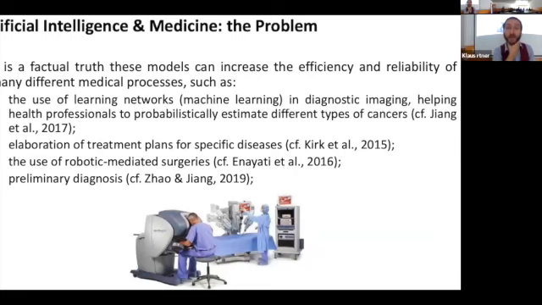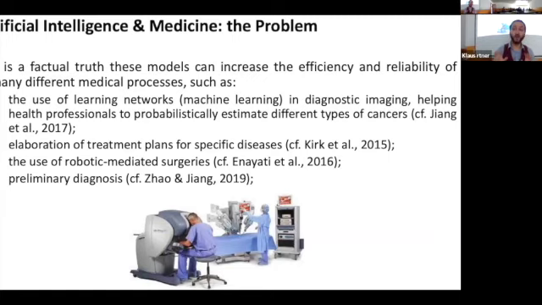There are many applications of AI that we can use. Diagnostic imaging, for example. We can also help doctors to estimate different kinds of cancer. We can also elaborate treatment plans. We can also use robotic-mediated surgeries. Of course, this is all AI, but one of the problems of this approach is that there are many different kinds of artificial intelligence models with different techniques.